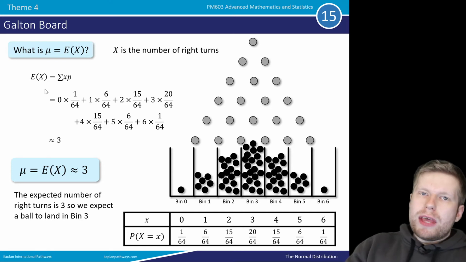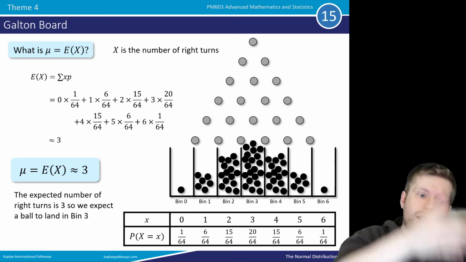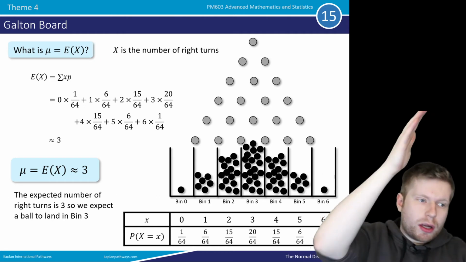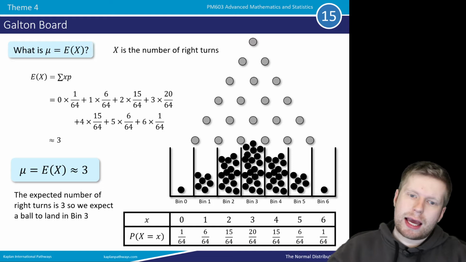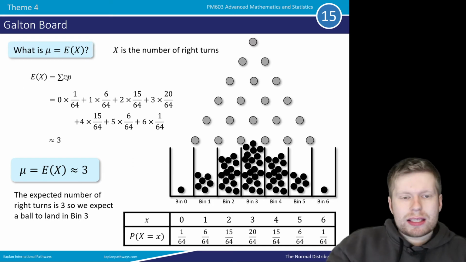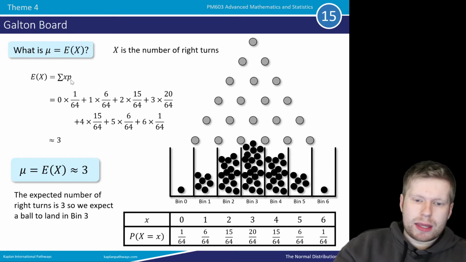Well, just remember the expectation of a discrete random variable. Remember, this is discrete because you can only end up in a set bin. You can only end up at bin 0, bin 1, bin 2, bin 3, bin 4, bin 5, or bin 6 in this case. So it's worked out by adding together the number of right turns times the probability of ending up in that bin.